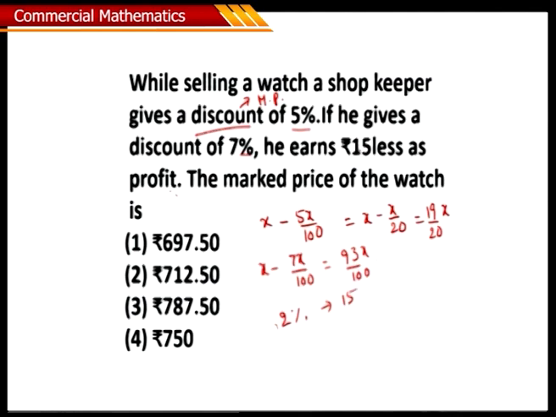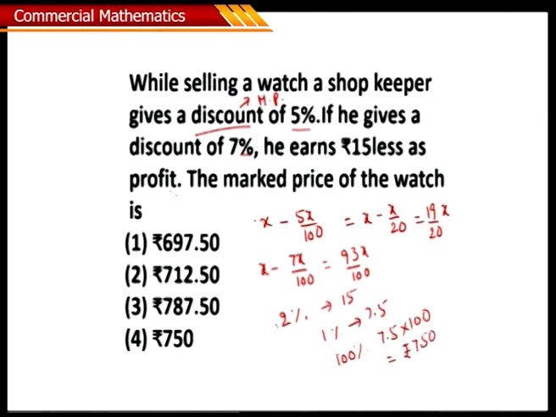So 2% is 15, then 1% is 7.5. You want 100%, so it is 7.5 times 100. So simply you can observe that it is rupees 750.